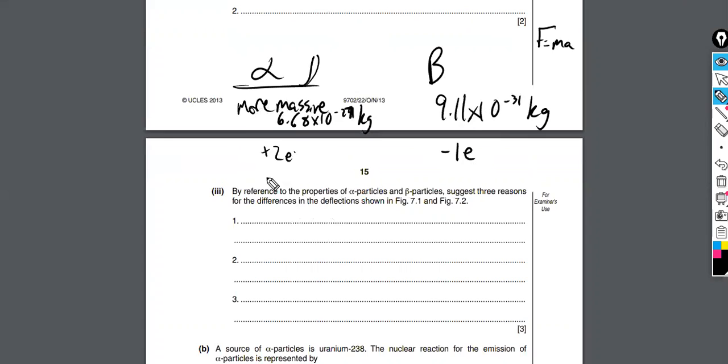Because it is positively charged, it's going to move in a different direction. One property of the alpha particle is that it's positively charged, and that's one reason it's different: it's going to move down, in the direction of the electric field. This will move in the opposite direction of the electric field, because of its property that it's negatively charged.